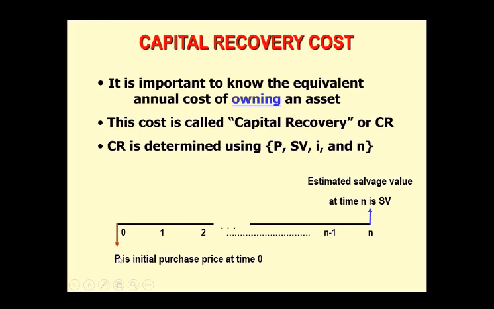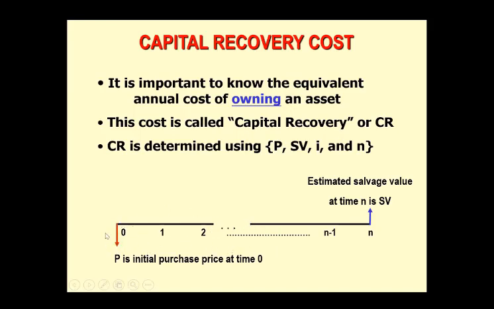We have to pay $P to buy the asset, and after n years in use, the asset is retired, and we resell the asset to receive the estimated service value.